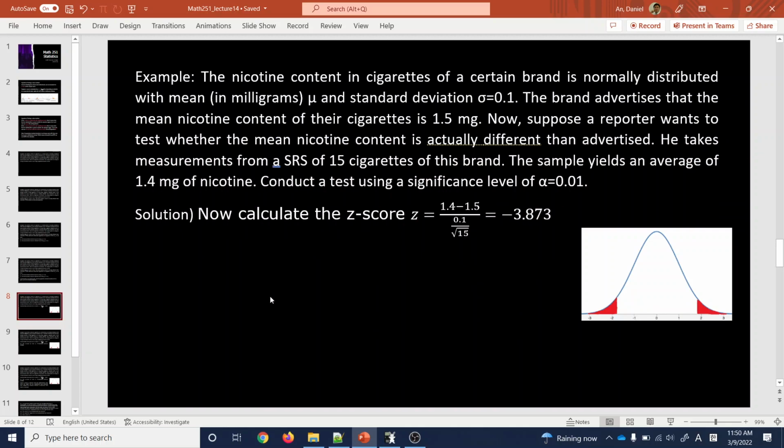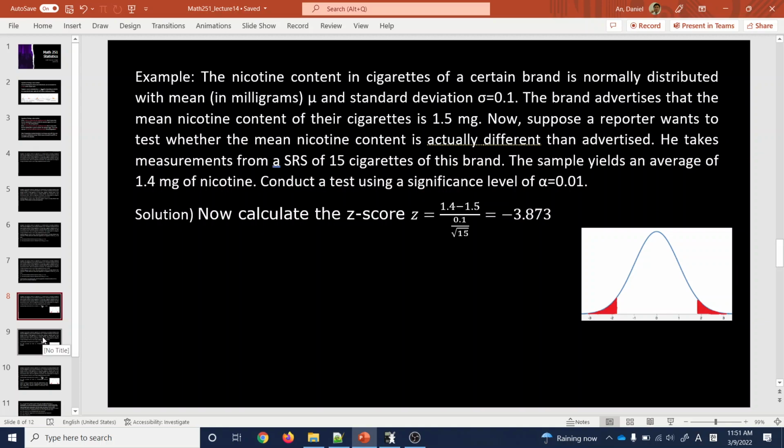Since it's normal distribution, we call it a z-score. If it's a t-distribution, we call this the t-score. The z-score is the information that we use from the sample to make judgments. So that value in this context is called the sample statistic. And the sample statistic came out to be negative 3.873.